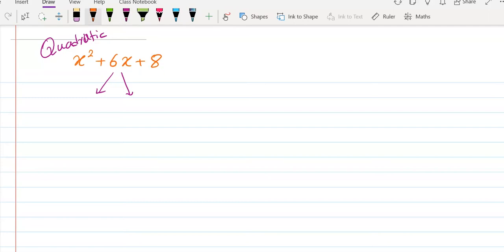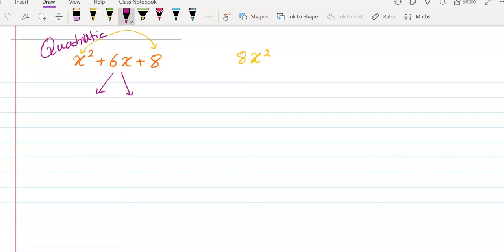So what we are looking at first is splitting the linear term where the product is the product of the quadratic and the constant term. In this case, 8 times x squared, 8x squared.